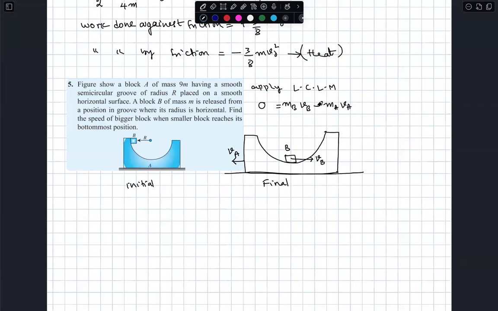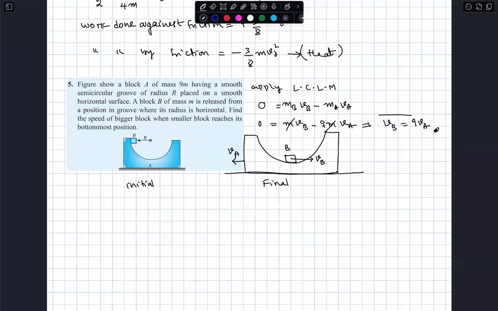Can anyone say why there is a minus sign here? Because B is moving rightwards, A is moving leftwards. So 0 is equal to m times VB minus 9m times VA. So clearly VB is 9 VA.